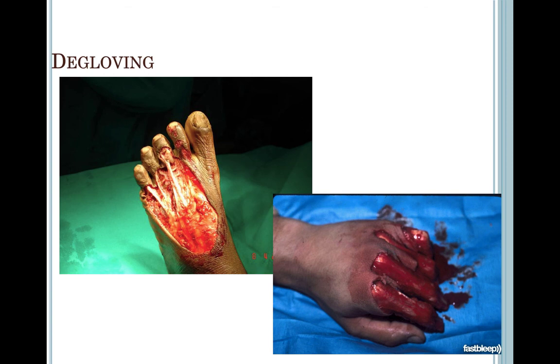I don't know where the degloving injury of the hand came from, but I do know that the one on the foot was caused by a front end motor vehicle collision where the engine block actually came onto the floorboard of the car. The patient was trapped inside the car and had to be extricated.